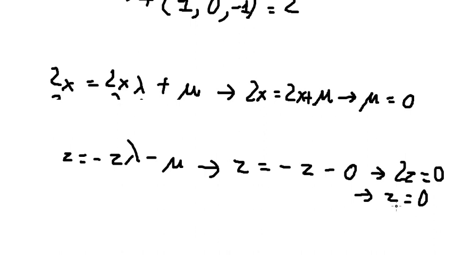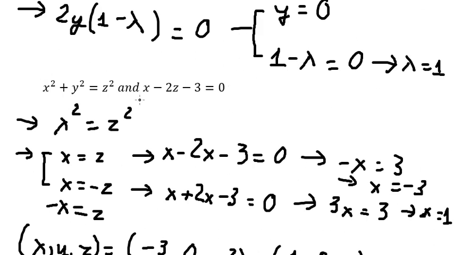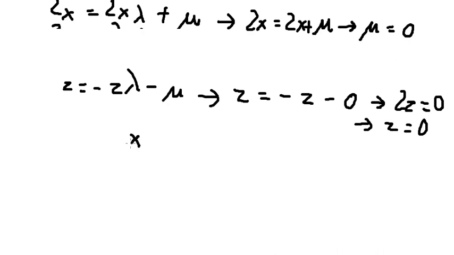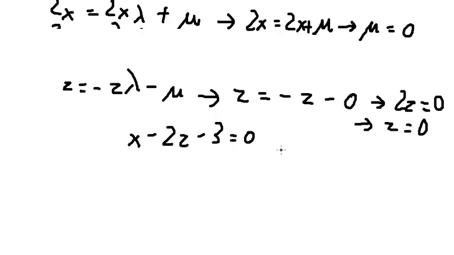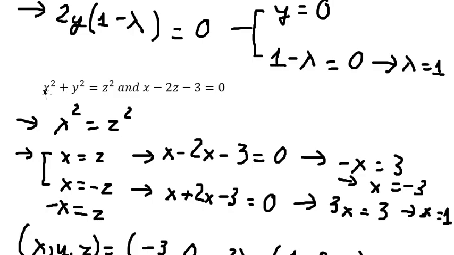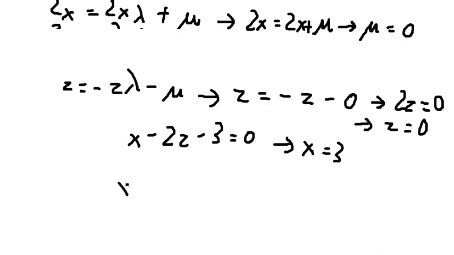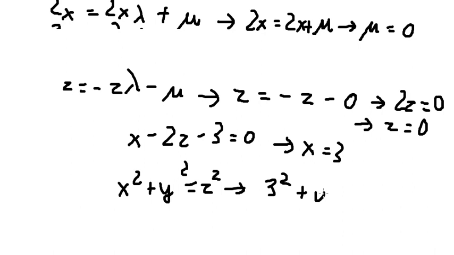So after you got z equals number 0, we can put back to this one. So we put number 0 on here and we got x equals number 3. After we got x equal to number 3, z equal to number 0, we can put back to this one. So x we have 3², y we don't know, z that is about number 0.